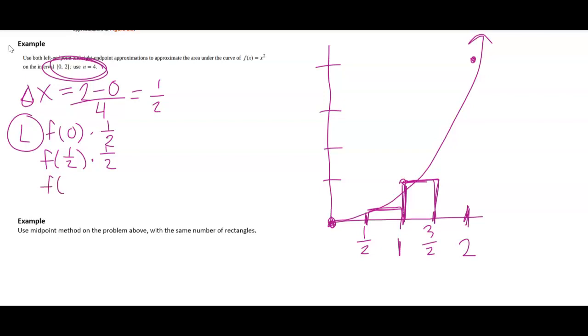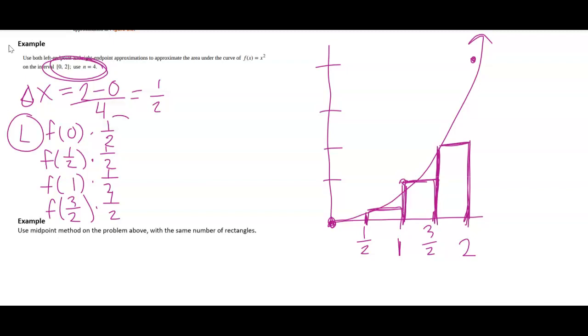So I'm going to say f of 1 times 1/2. And then my left endpoint of my last subinterval is 3/2. So f of 3/2 times 1/2.